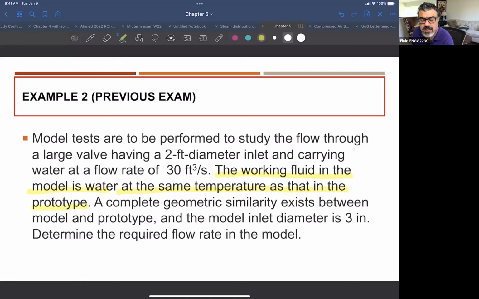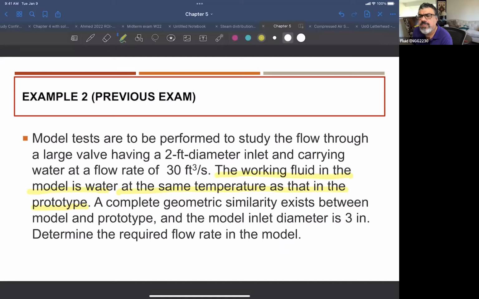It means that this valve in real life, at full scale, is carrying water, and the model will also be tested in the lab with water. Okay, so just keep this in mind. Both fluids that you're going to use for testing the model are the same as in the full scale prototype. It is also telling you a complete geometrical similarity exists between the model and the prototype.